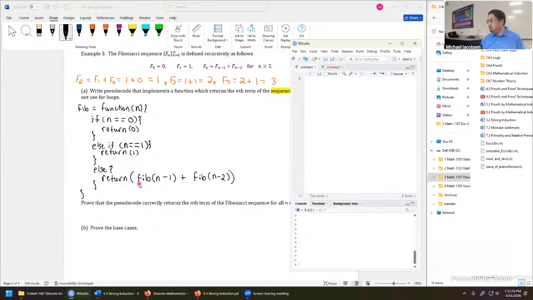So let's implement this. We're going to call it Fibonacci again. There'll be a function with input n, and we have three different cases we'll implement. If n is 0, return 0. So we've implemented that part. Else if n is 1, return 1.